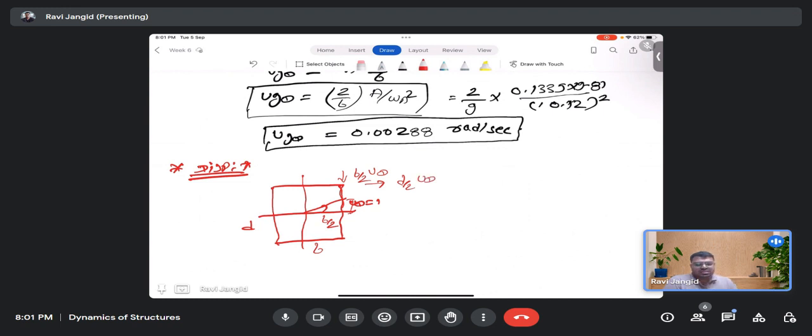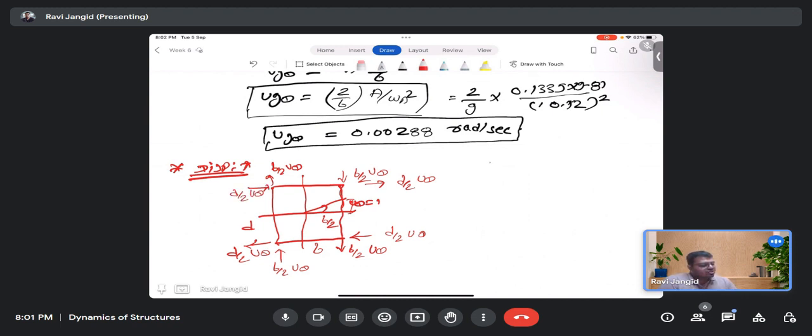In each column, this is the way the force is coming: b by 2 u theta, d by 2 u theta, then the same d by 2 u theta, b by 2 u theta, b by 2 u theta, and then d by 2 u theta.